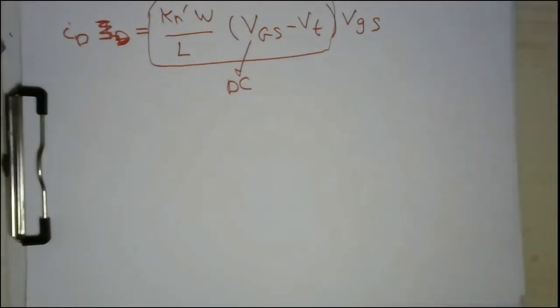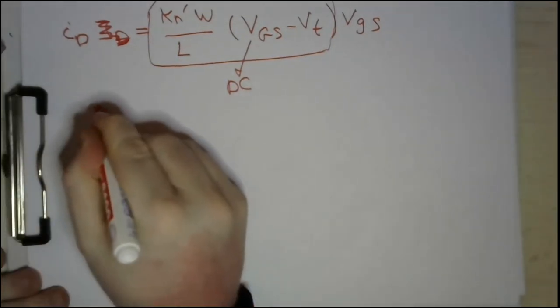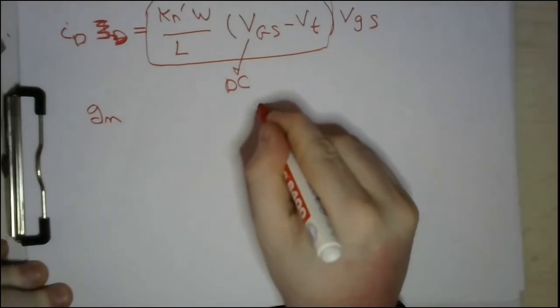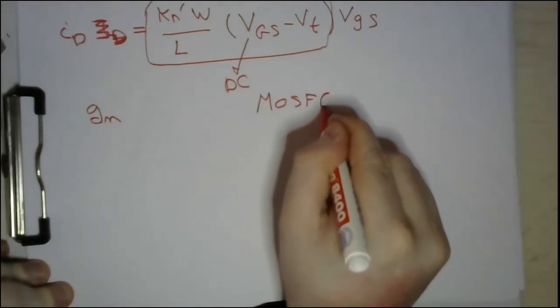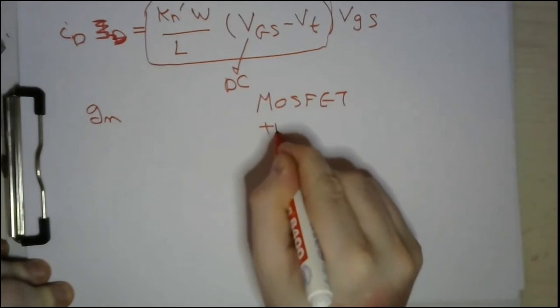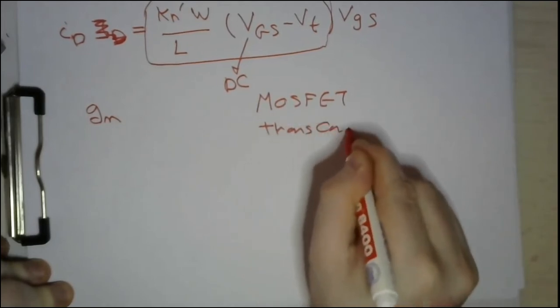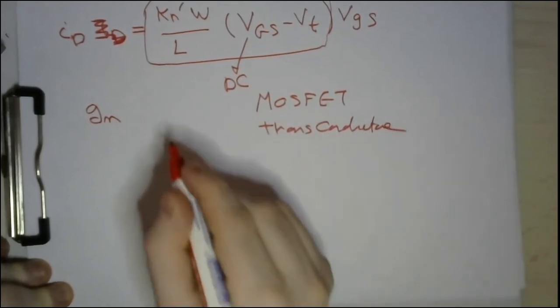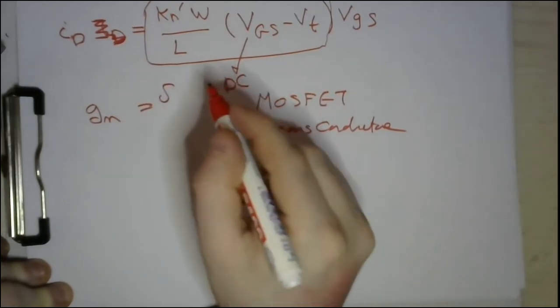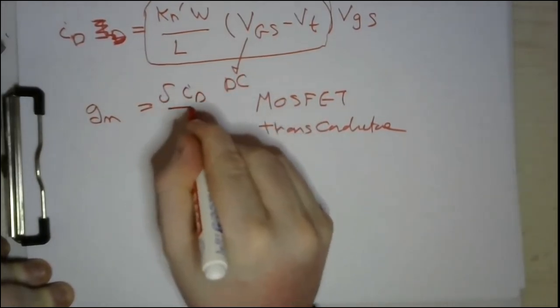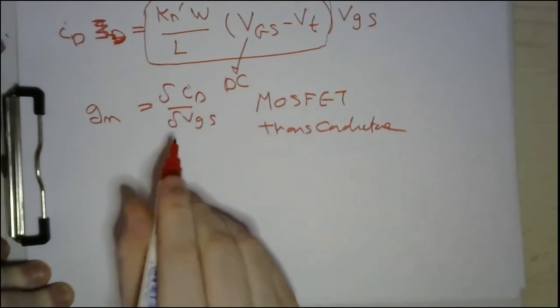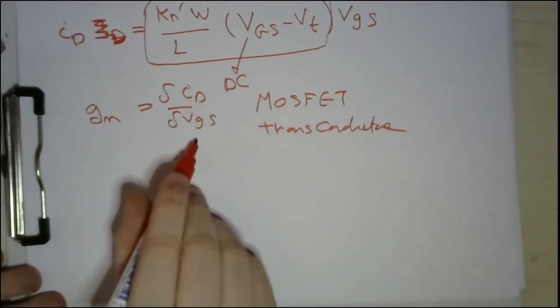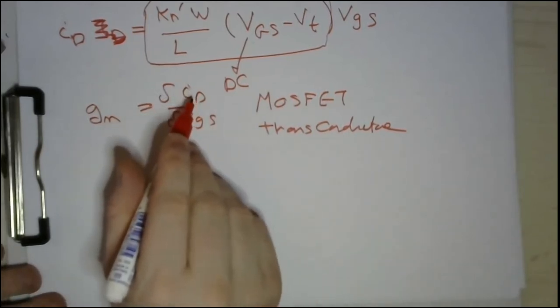We call this GM, or the MOSFET transconductance, which is the relation between the current and the voltage. This is the input voltage, which is V small gs, and this is the output current, which is ID.